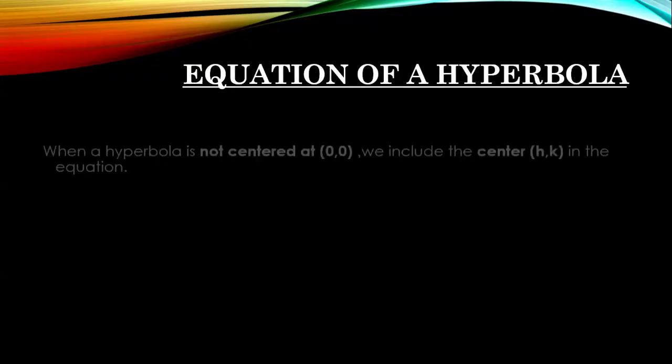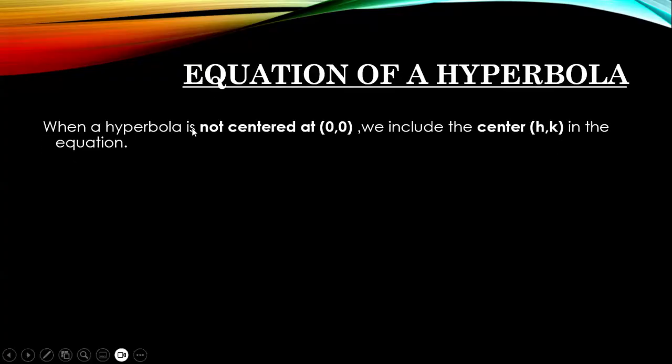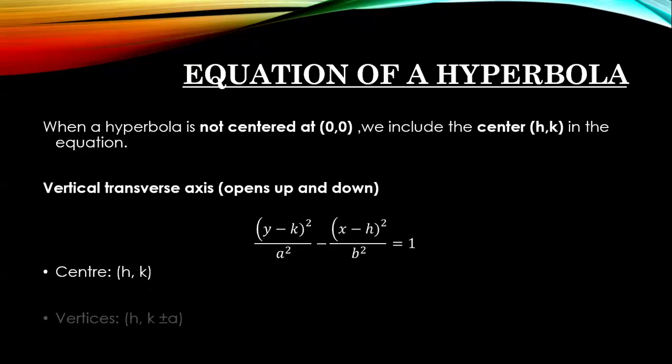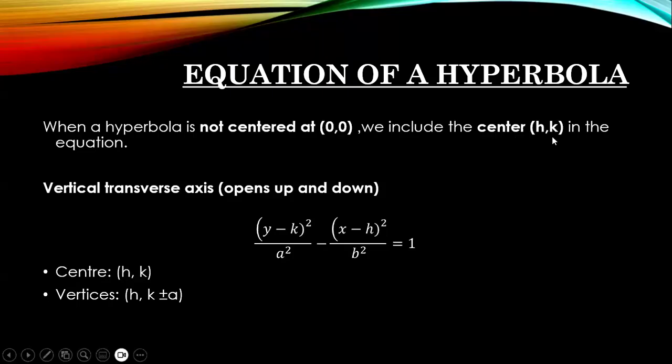Okay, equation of a hyperbola. When a hyperbola is not centered at (0, 0), we include the center (h, k) in the equation. For the vertical transverse axis, this usually opens up and down.